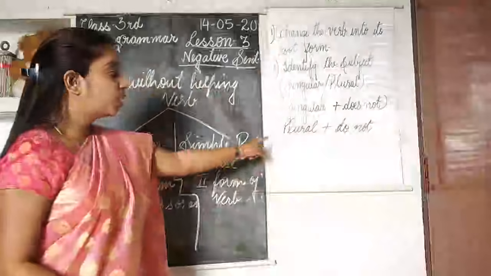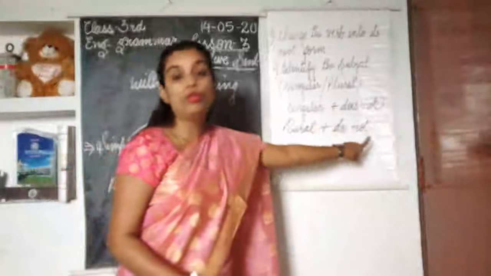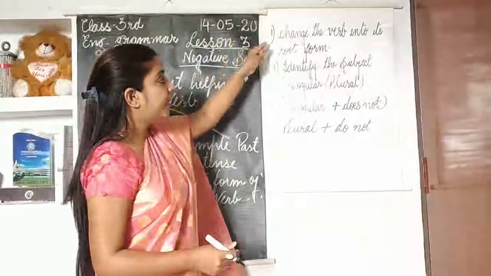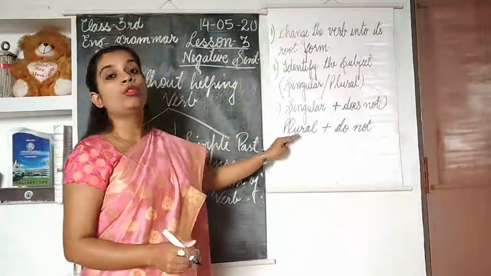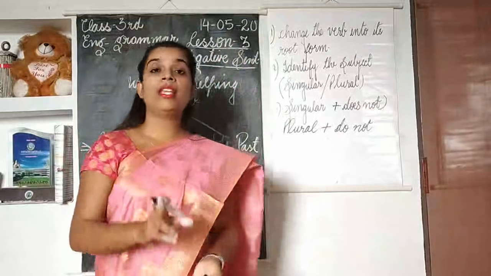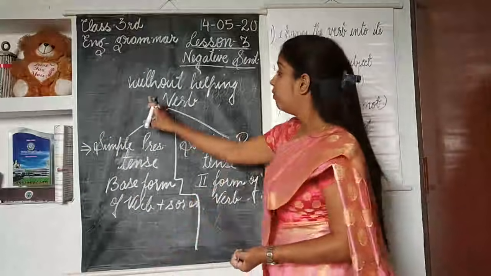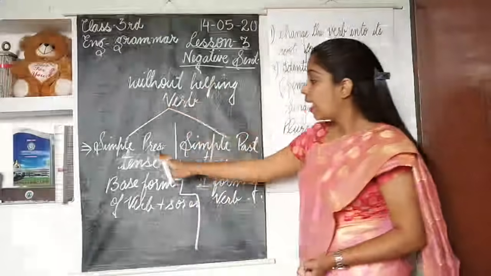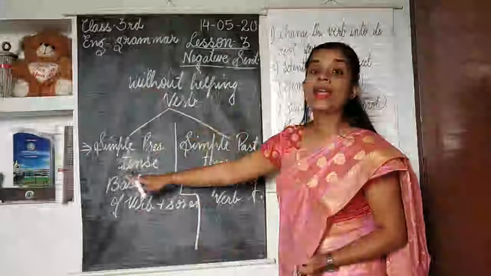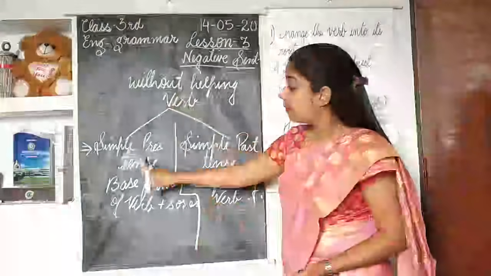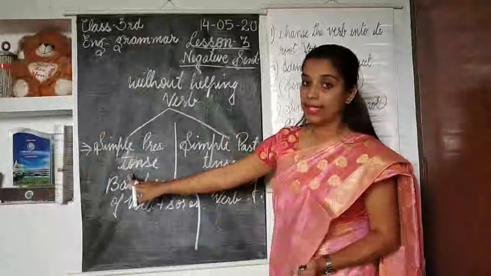So these are the 3 steps which you will have to follow for changing sentences into negative, which are without helping verb and are in simple present tense. Got it?